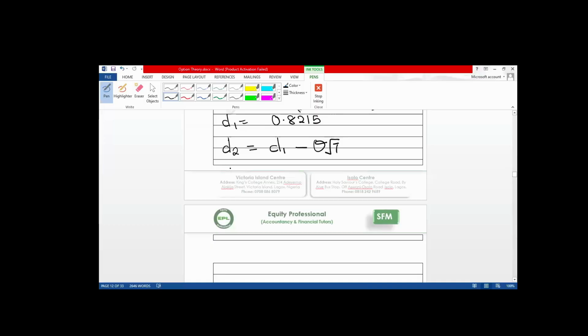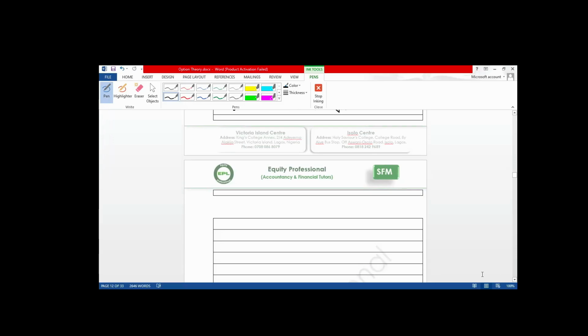So our formula for D2 is equal to D1 minus volatility times the square root of T. That means for you to calculate your D2, you must calculate D1 first. You now come here.